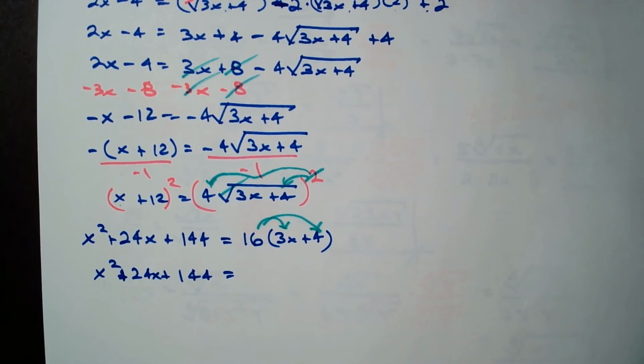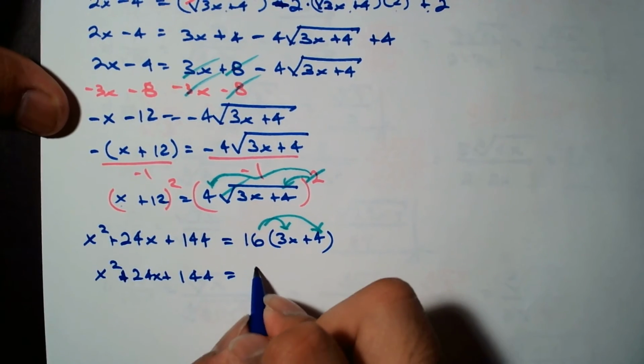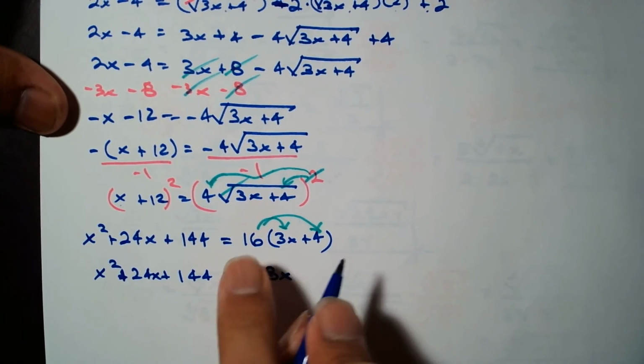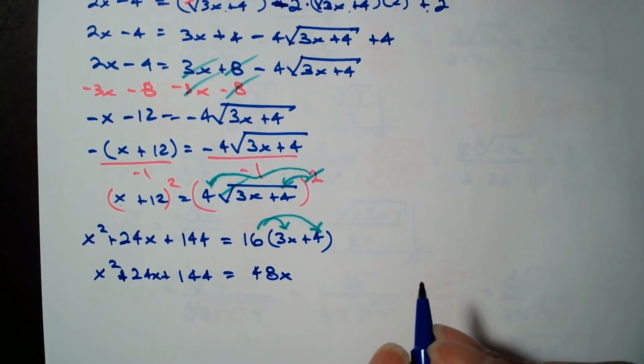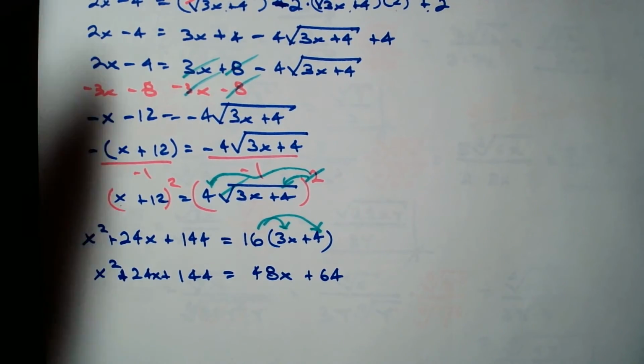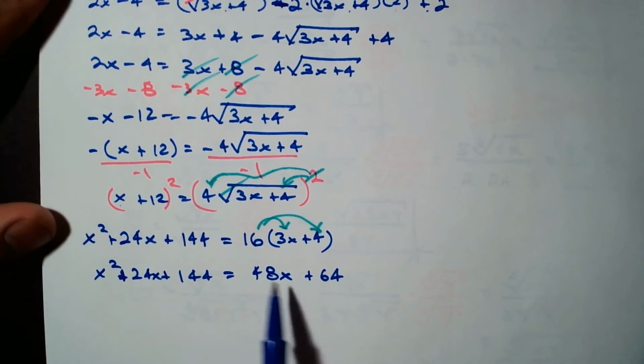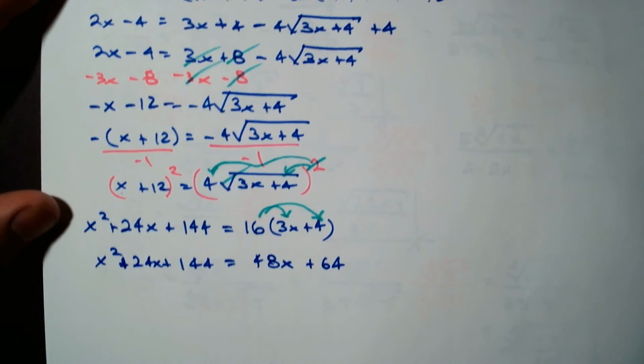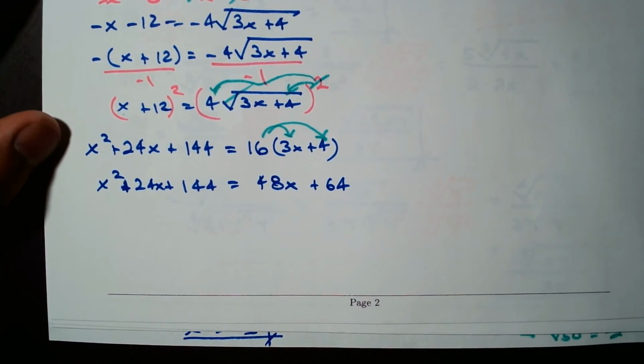Okay, let me use the calculator. That's 48x, and 16 times 4, that's 64. Now from here, what you want to do is have all terms on the left-hand side. That's what I'm going to do now.